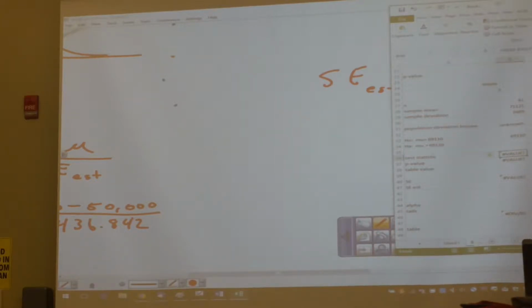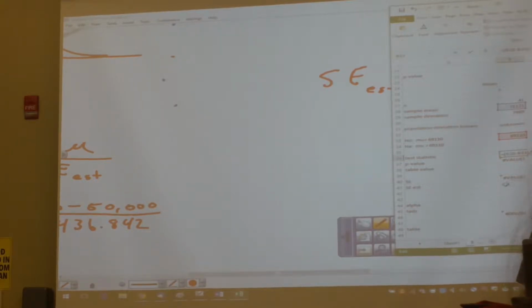Test statistic. I still take the sample mean minus the mean given, and that has to be in parentheses. I forgot to put it in parentheses when I first started to type it. Divided by the standard error estimate.